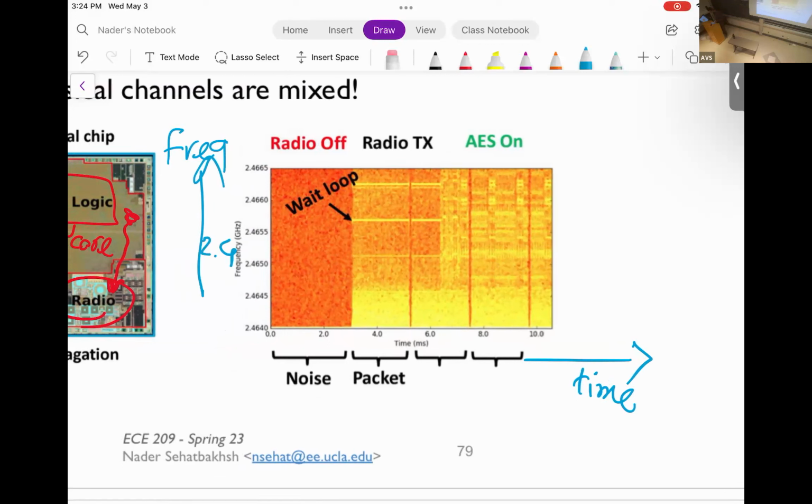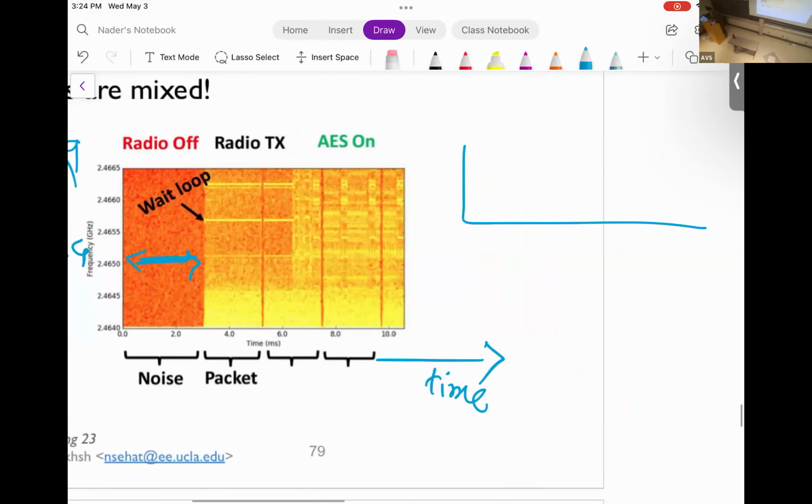What you're seeing here is that first, the radio is off, so there is no activity on the radio side and you don't see anything. This is what we call a spectrogram. Brighter lines mean stronger values. If I have a signal like this, it would be a brighter color in this dimension.